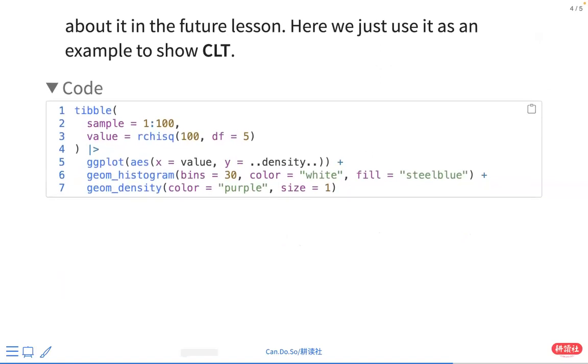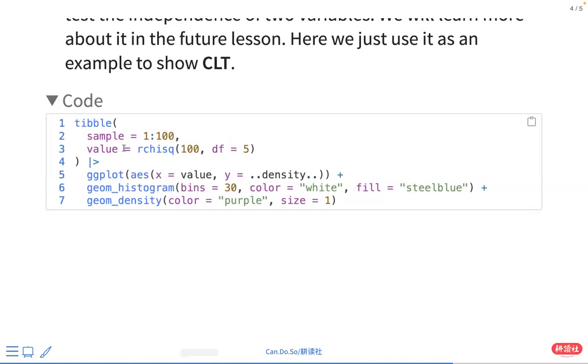For example, here we create a chi-square sample. The sample size is 100, so we create 100 data points distributed as chi-square, and the degrees of freedom is 5.